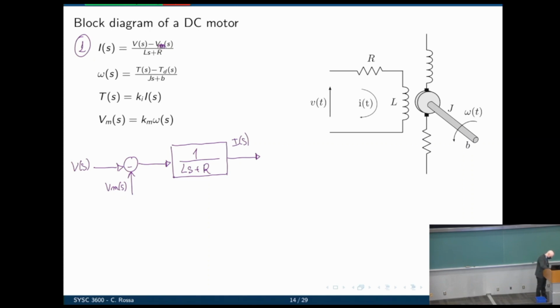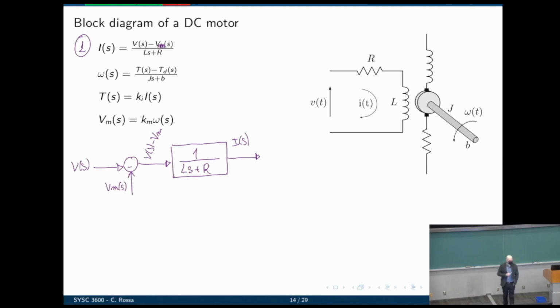The result of this operation here is Vs minus Vm, the top of the equation. I'm now dividing the result by Ls plus R, and that gives us I of S, which is equation 1. Does that make sense? Yeah? What do we do next then?